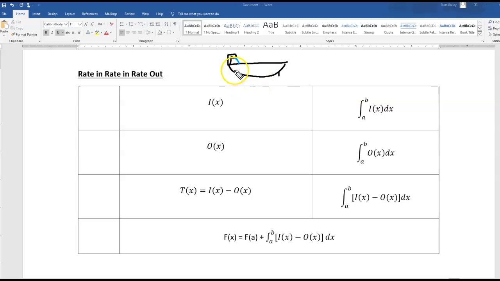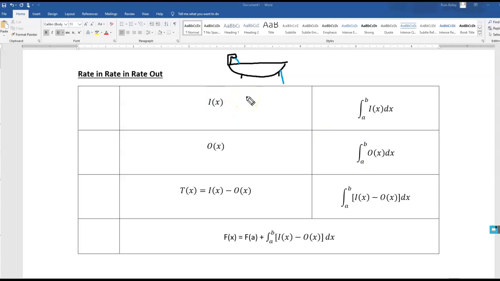And that's causing my level of water in the tub to change, right? But we also have a drain in the tub. And so the drain can let water out also, right? So we have a rate at which water is coming into the tub, and we have a rate at which water is leaving the tub. So I'm going to let I represent the rate in and O represent the rate out.